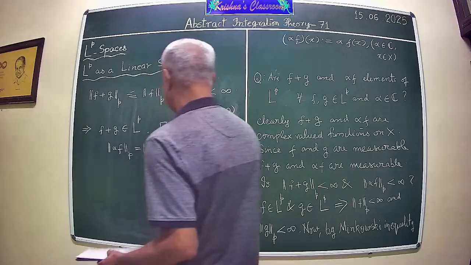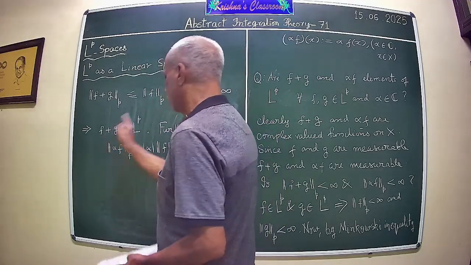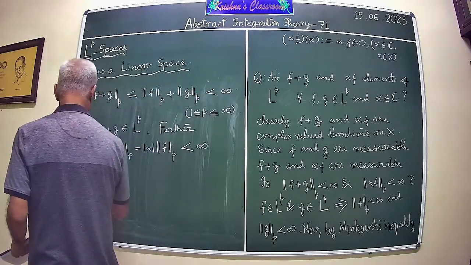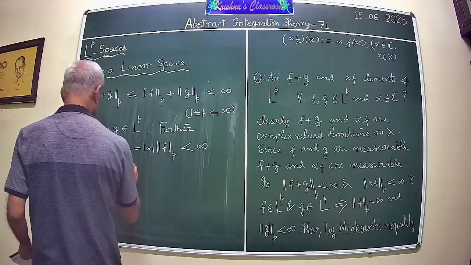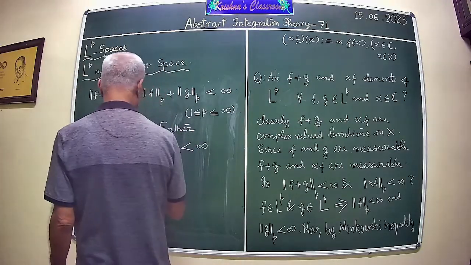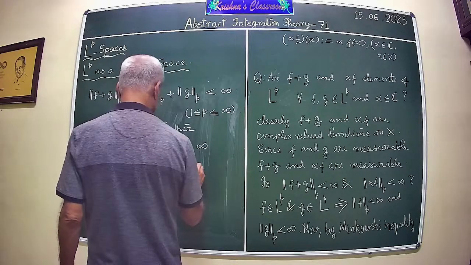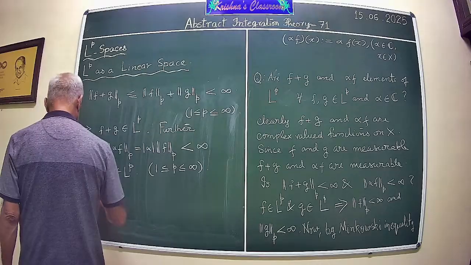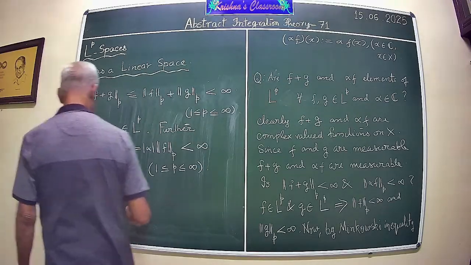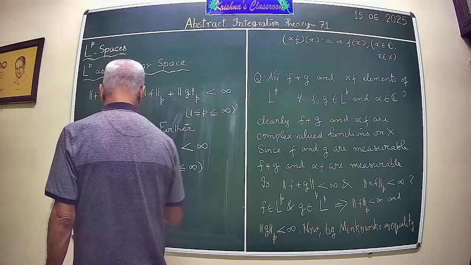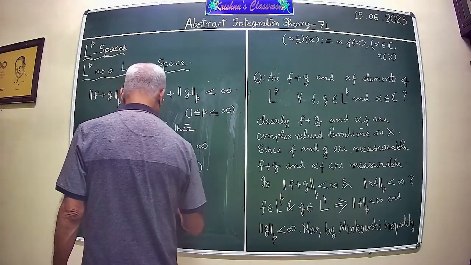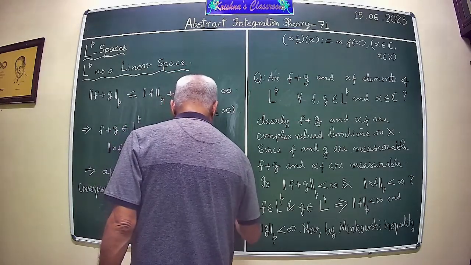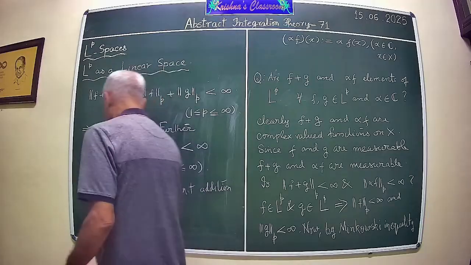Since the norm of f is finite, therefore this is finite, therefore this is okay, which implies alpha f belongs to LP. So LP is closed with respect to addition and scalar multiplication.